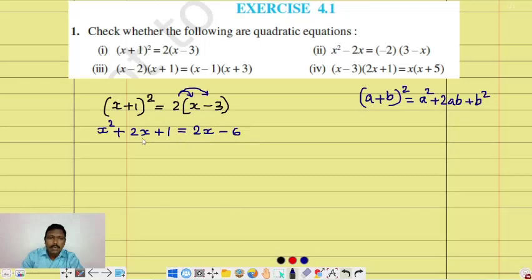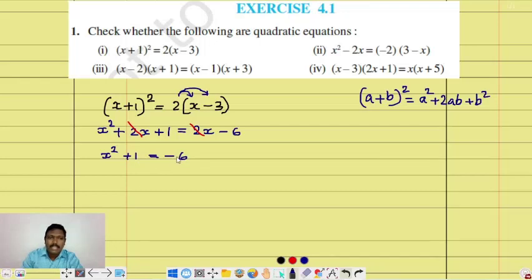Now you can see both sides we have plus 2x, so we can cancel the plus 2x on both sides. What is left is x square plus 1 is equal to minus 6.